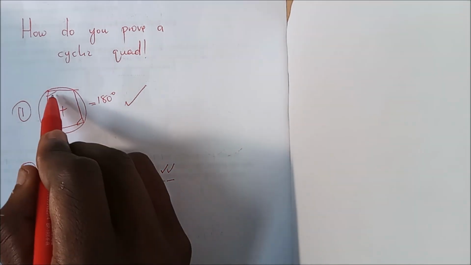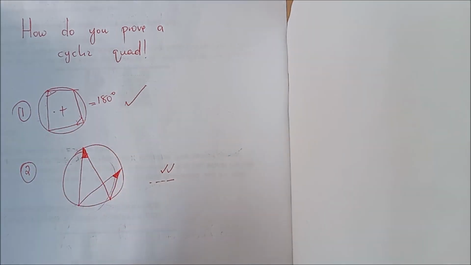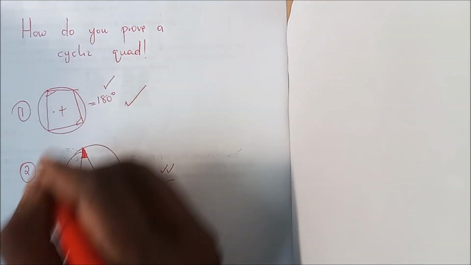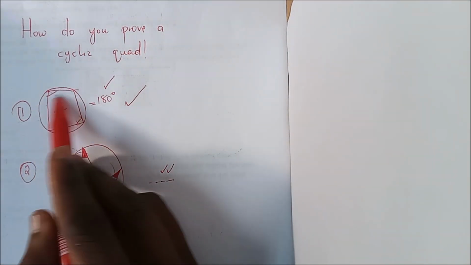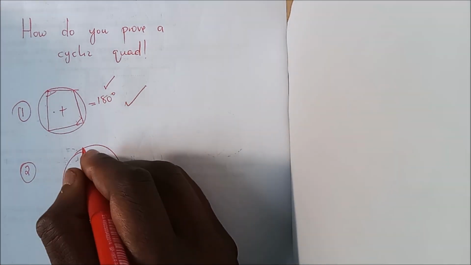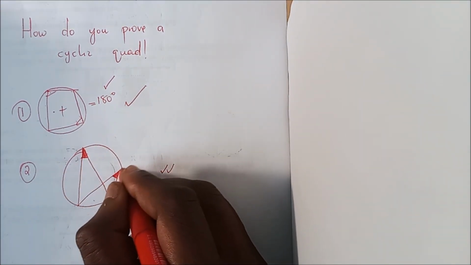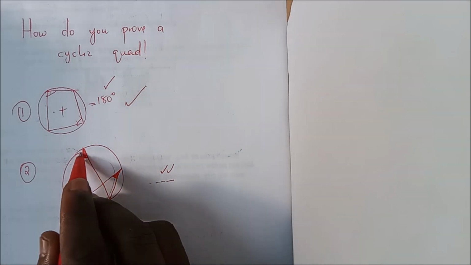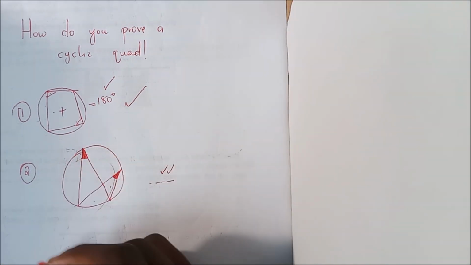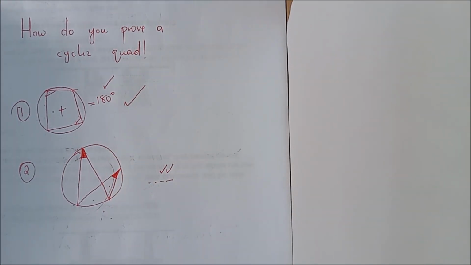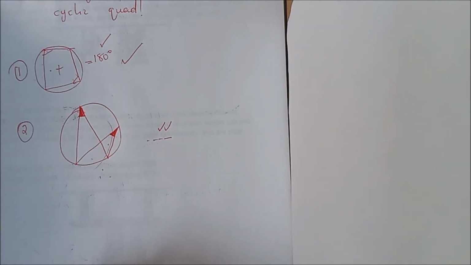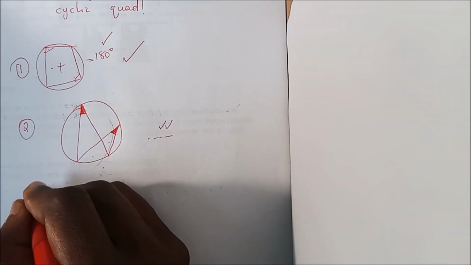So number one, find opposite angles, find their size and add them to see if they give you 180. If they give you 180, the figure is cyclic. Number two, find these angles which are in the same segment. And if they are equal, you can conclude by saying, therefore, the figure is a cyclic quad.